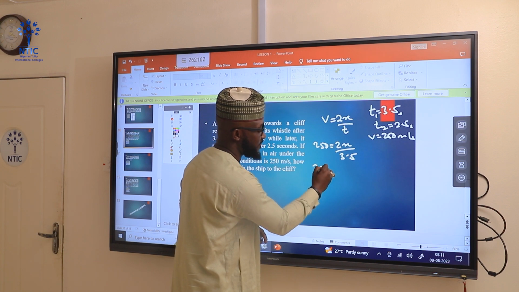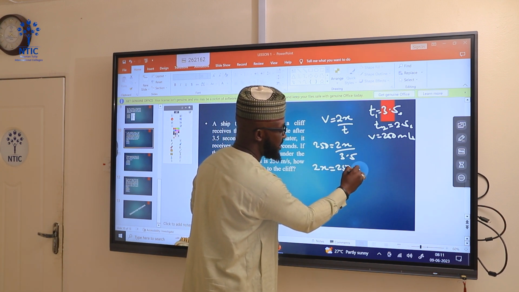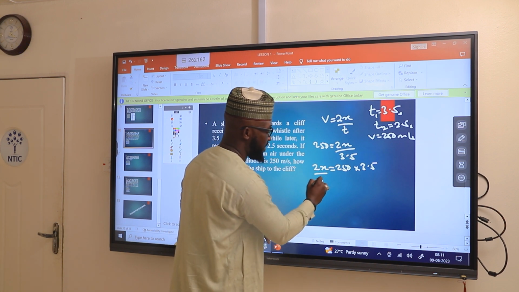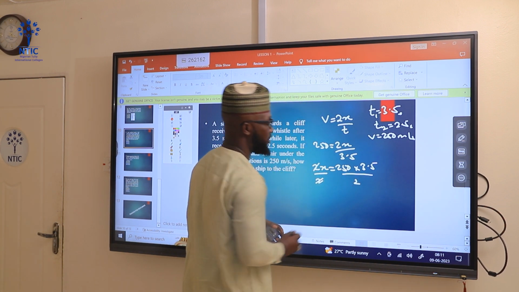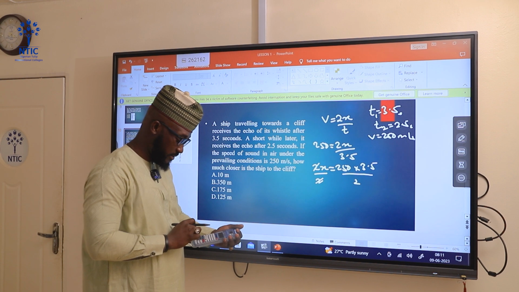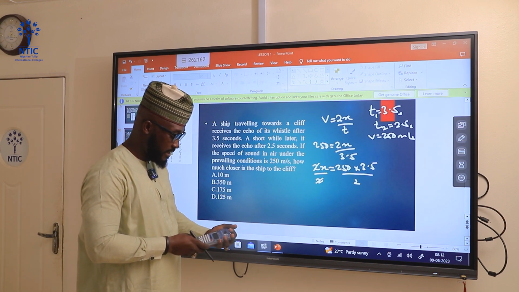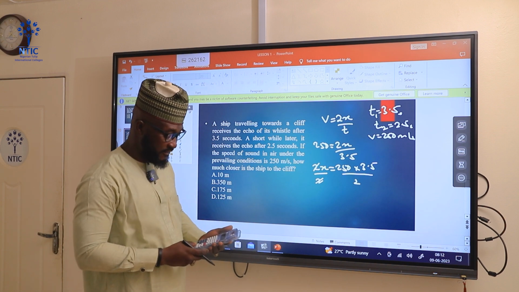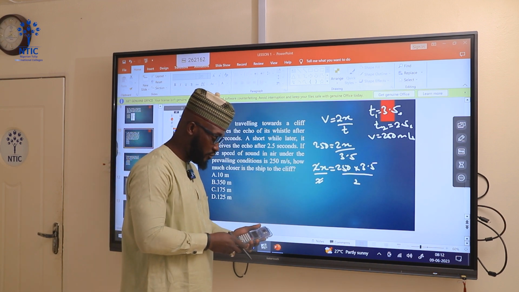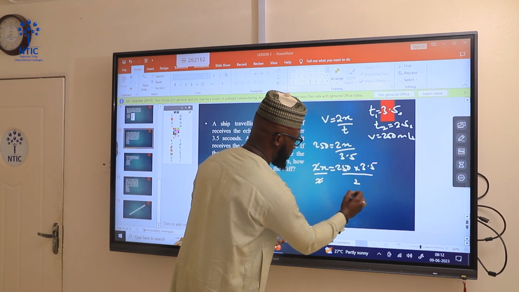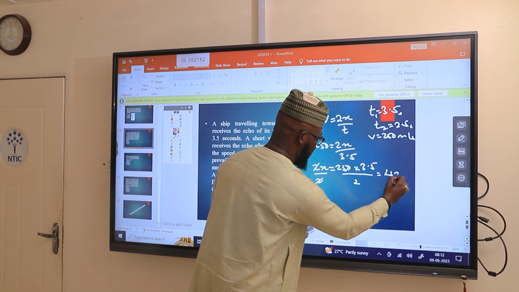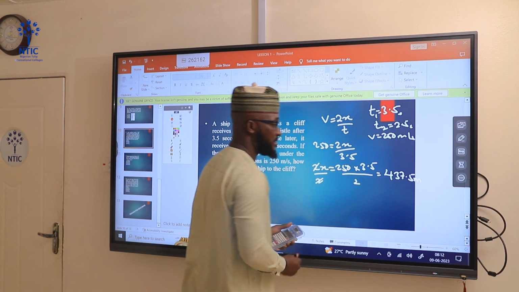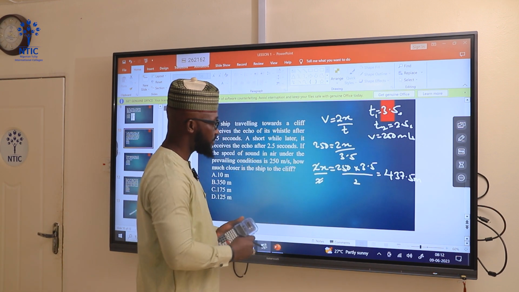So 2x will be equal to 250 times 3.5. We divide both sides by 2. So let's go back to our calculator now. 250 times 3.5, we have 875, divided by 2, which will give us 437.5. Remember, we are calculating distance, that is in meters.